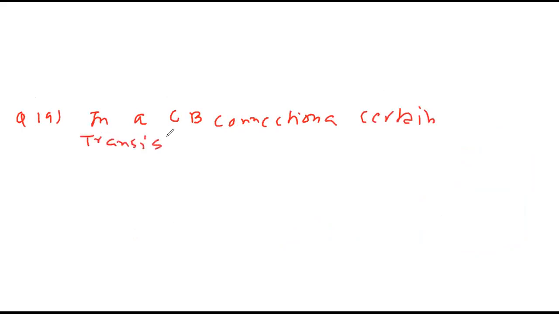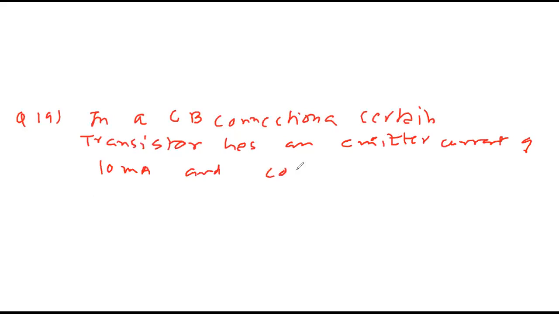This is the 19th question from the State Board textbook. In a common base connection, a certain transistor has an emitter current of 10 milliampere and collector current of 9.8 milliampere.